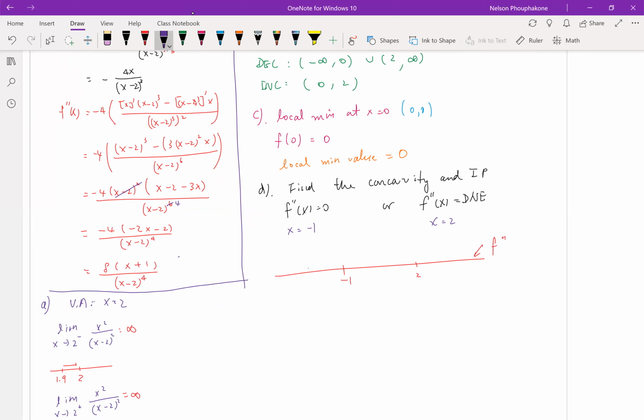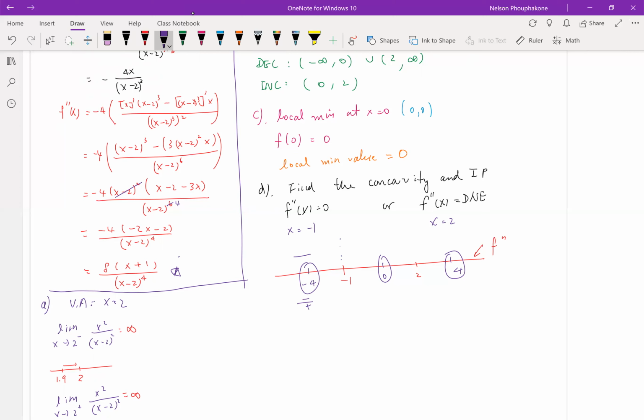Then choose test points. Maybe we could choose -4, 0, and 4. If I plug into the second derivative, with -4 I will have negative on top, and the bottom is always positive, so this interval is negative.